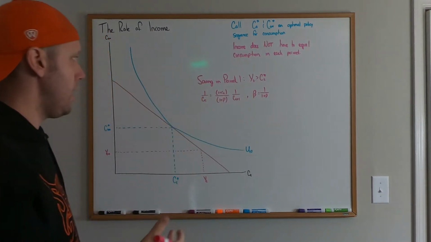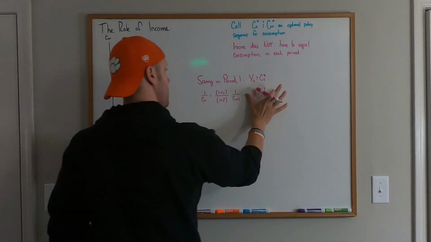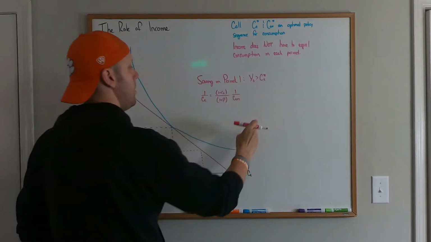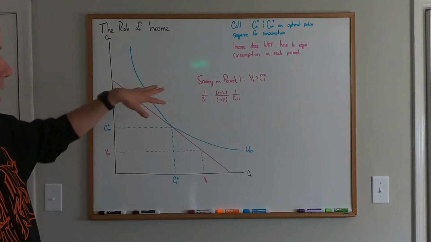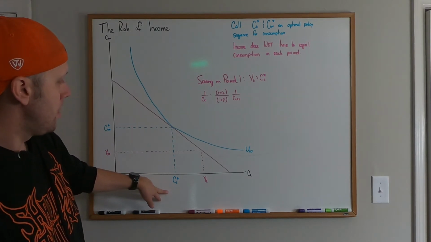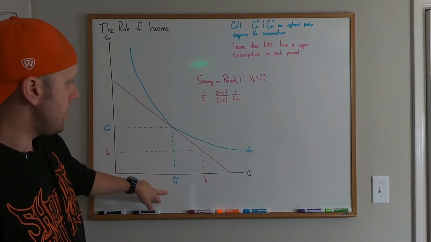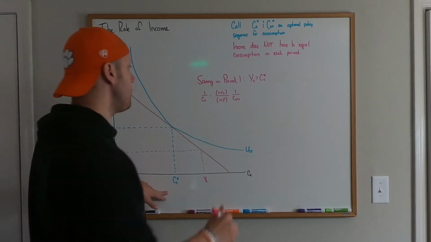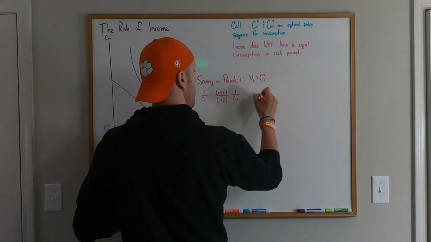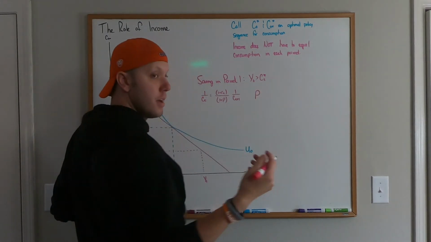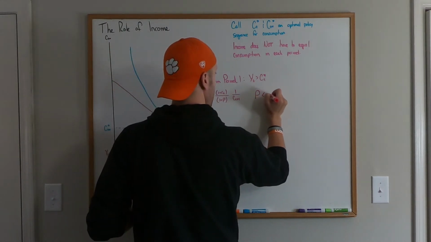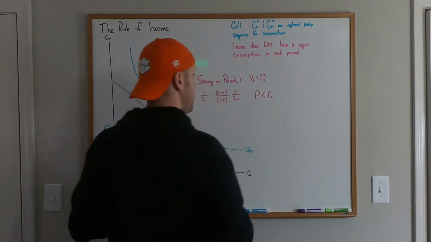Right, what's going on here? I guess I don't need this anymore. What's going on is the fact that I'm initially saving. So when I'm initially saving, where current income is larger than current consumption, this rho, the measure of how impatient I am, is far less than RT.